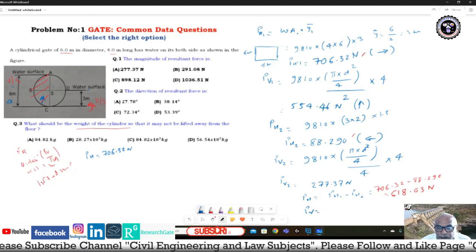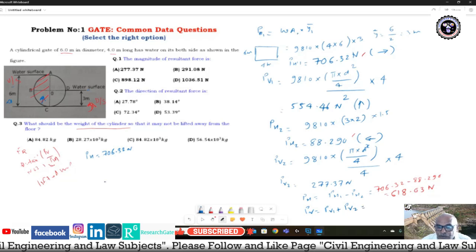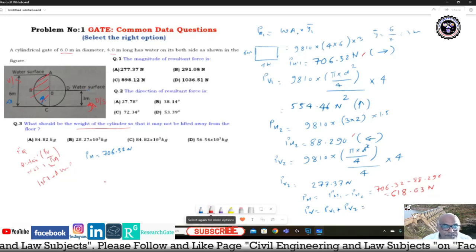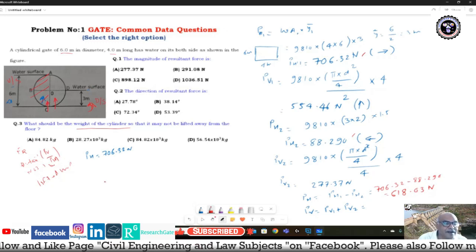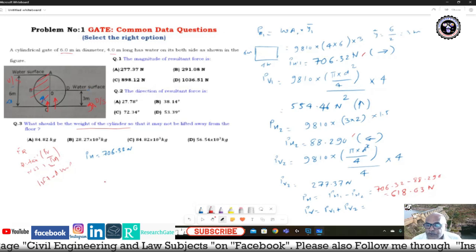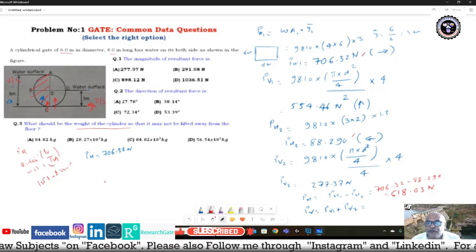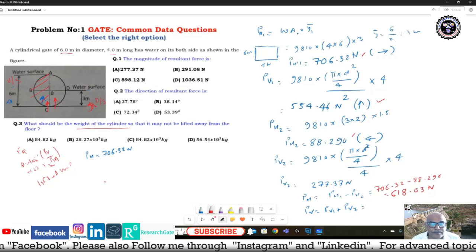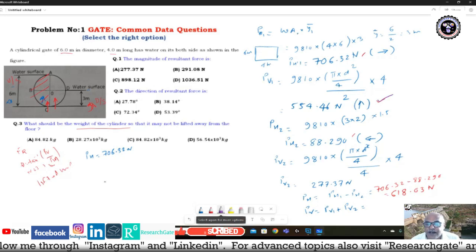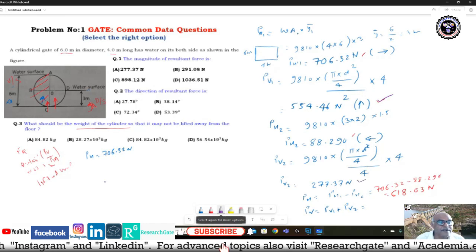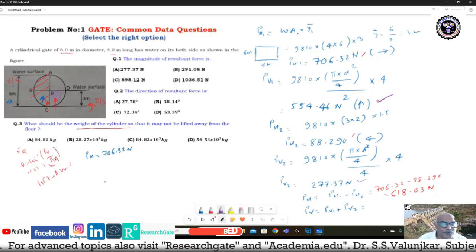And PV is equal to PV1 plus PV2. Why is it so? Because both are acting in upward direction. In another section, PV1 is 554.46, and PV2 is this portion. We need to take this portion for PV2.